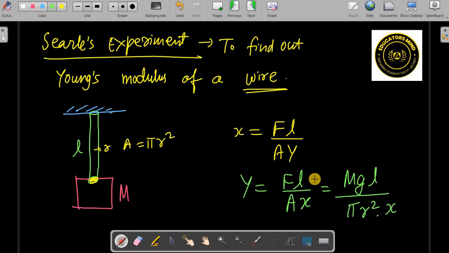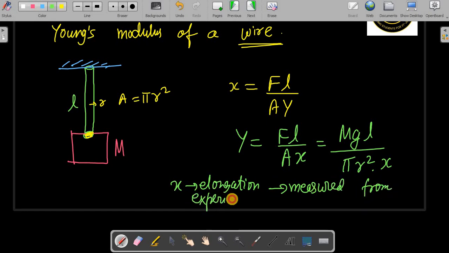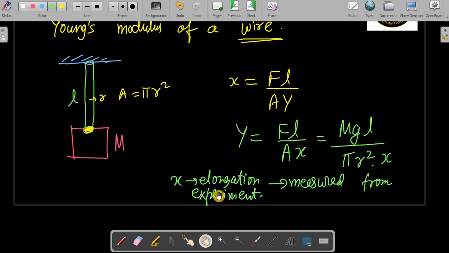So x will be measured by experiment, right? x will be the elongation that will be measured from the experiment. The other things, mass, length and so on, we will know. You can substitute and calculate Young's modulus, right? That's what it is. Any type of question on this can be solved here.